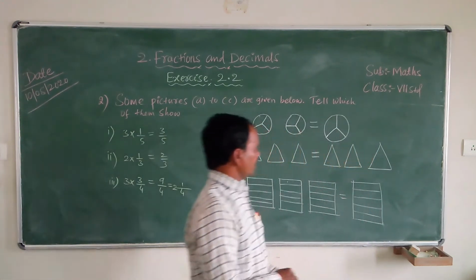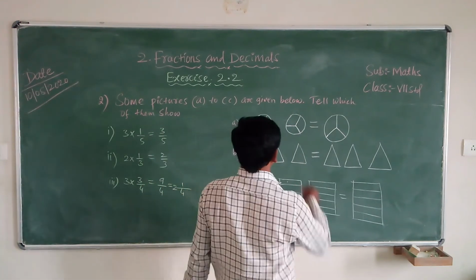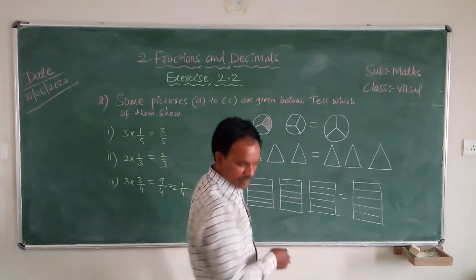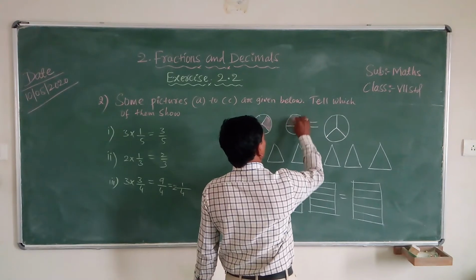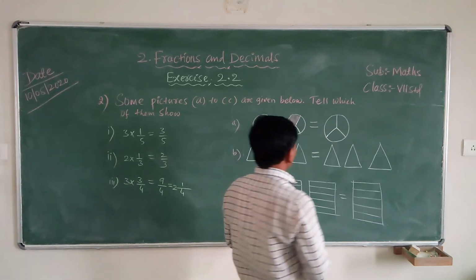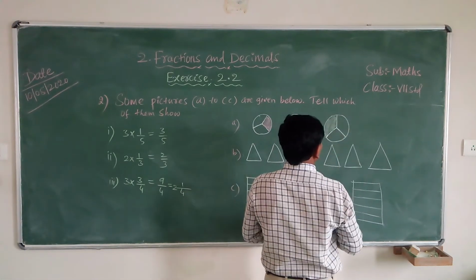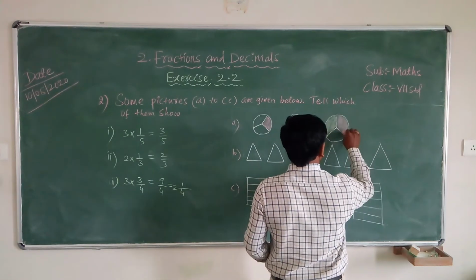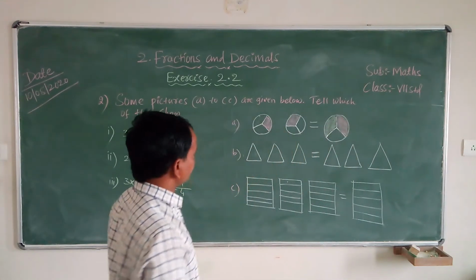So like this given figure. And first one, make the color, this one color, this one color, and this one color, this one color is equal to like this. Color, and this one.